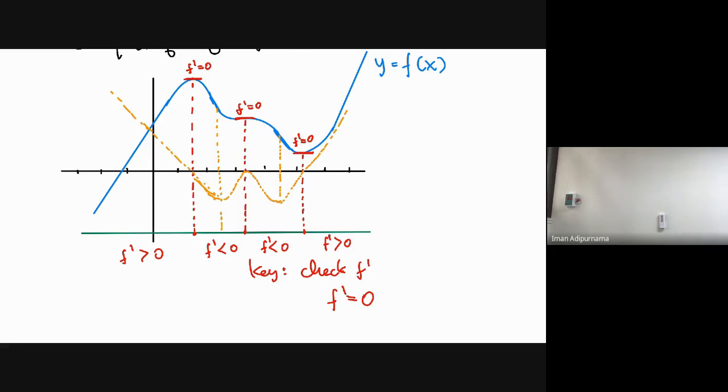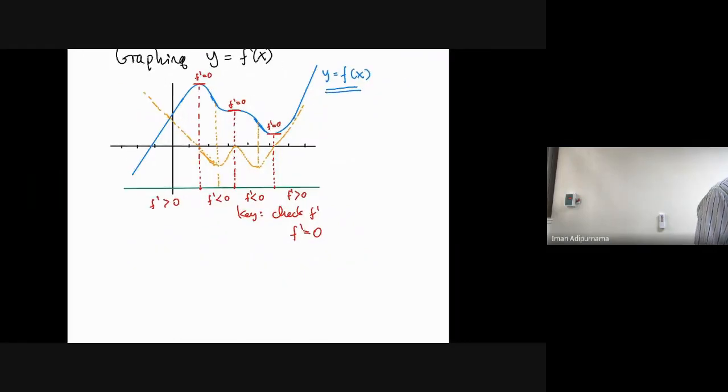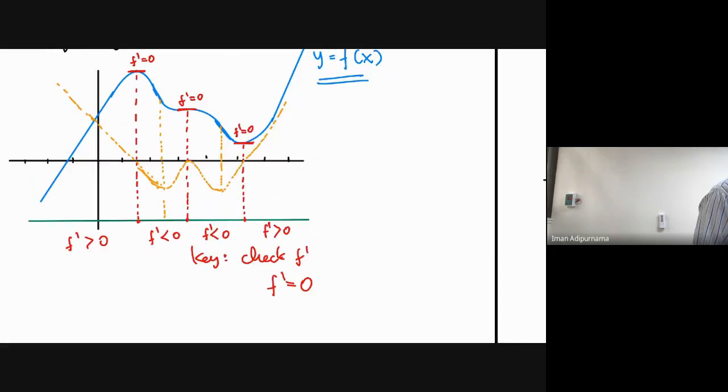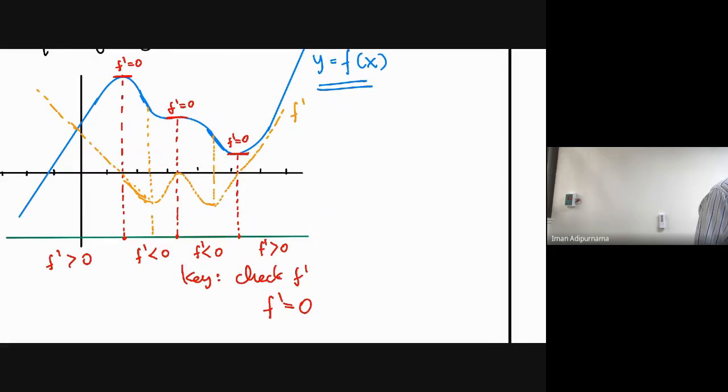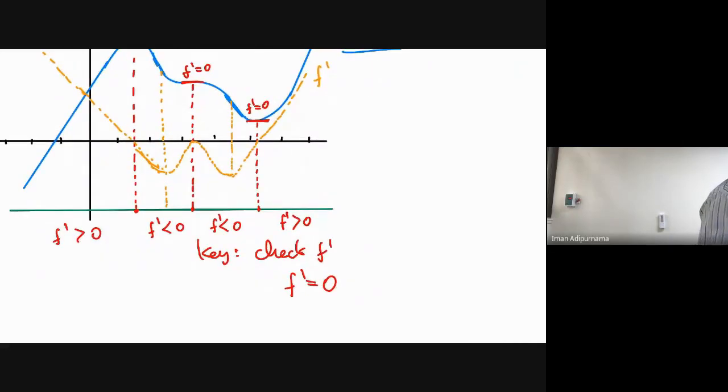So if you have a function, you can predict what the f prime looks like. But remember, this is just a rough sketch. We don't necessarily calculate the numbers exactly. But at least we predict that the curve might look like this.